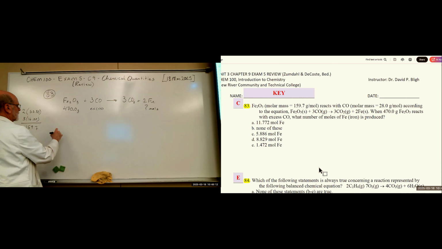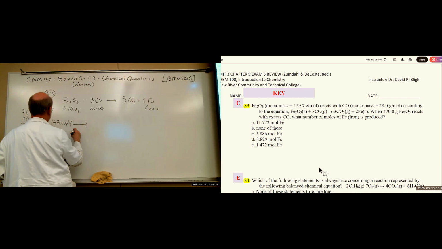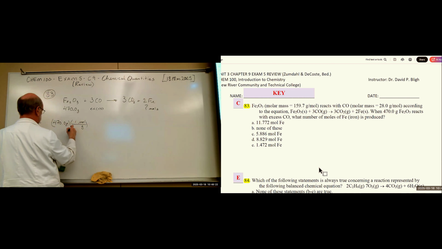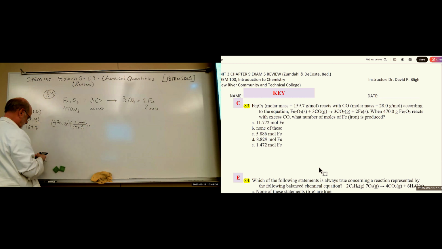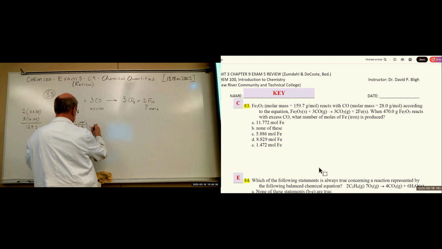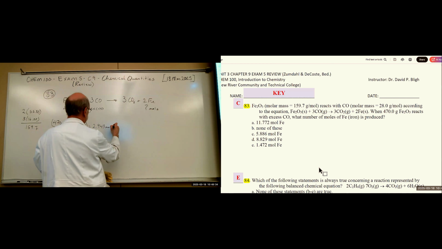Okay, that's good. So we're going to convert 470 grams of that reactant into moles. Divide by 159.7. I get 2.943 moles of Fe2O3.